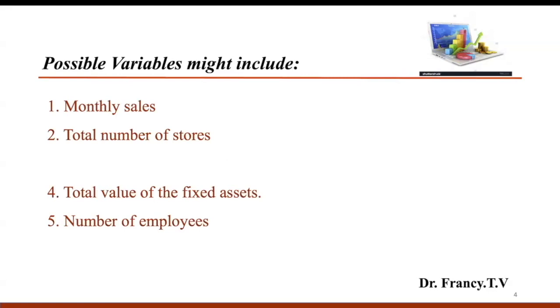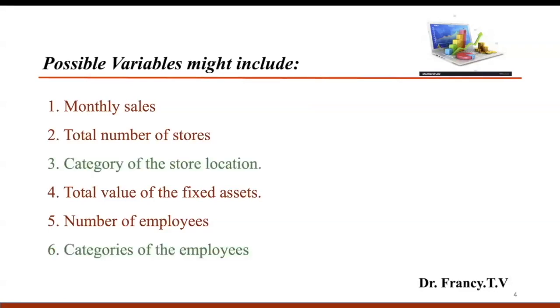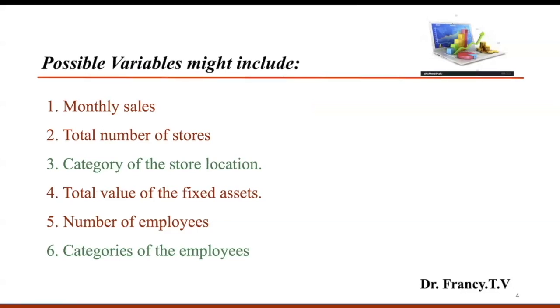Monthly sales, total number of stores, total value of the fixed assets, number of employees, etc. come under a particular category known as numerical variables. Whereas the category of store location, categories of employees, they come under another category known as categorical variables or qualitative variables. Hence, before discussing data collection, we have to discuss types of variables.